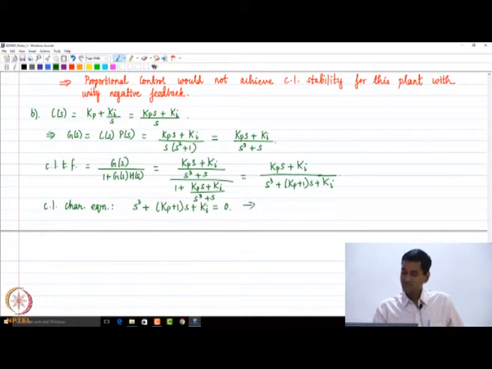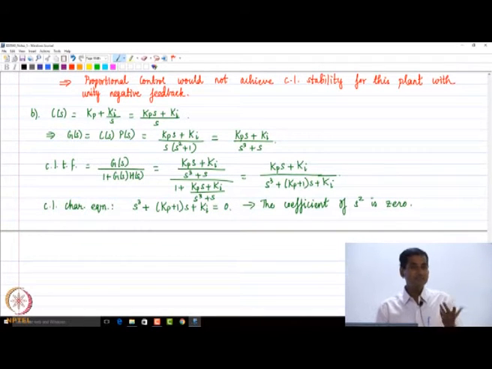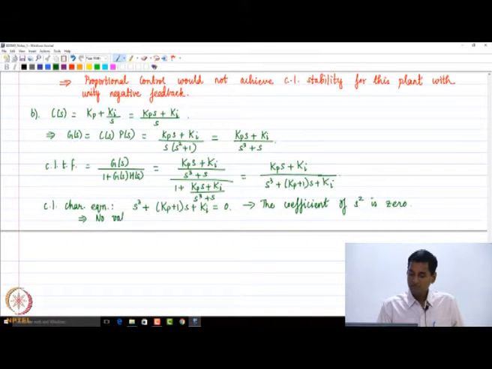This shows that the coefficient of s squared is 0, so this implies that there are no values of Kp and Ki that can stabilize the closed loop system.